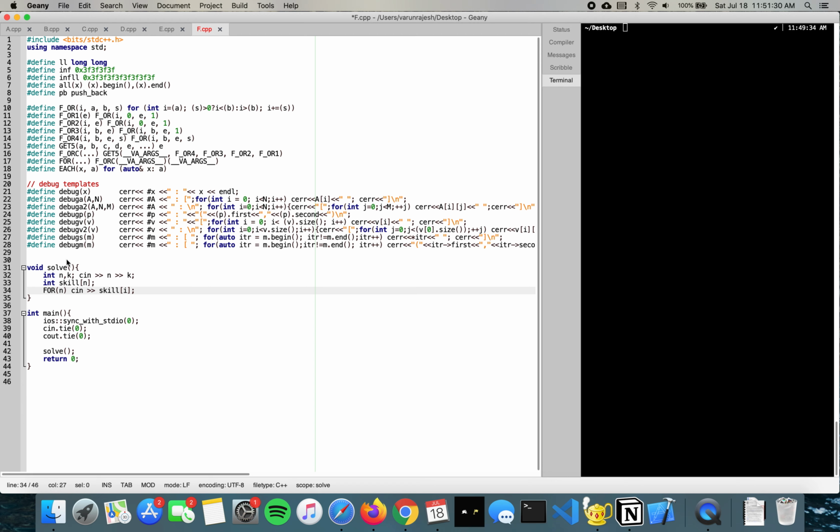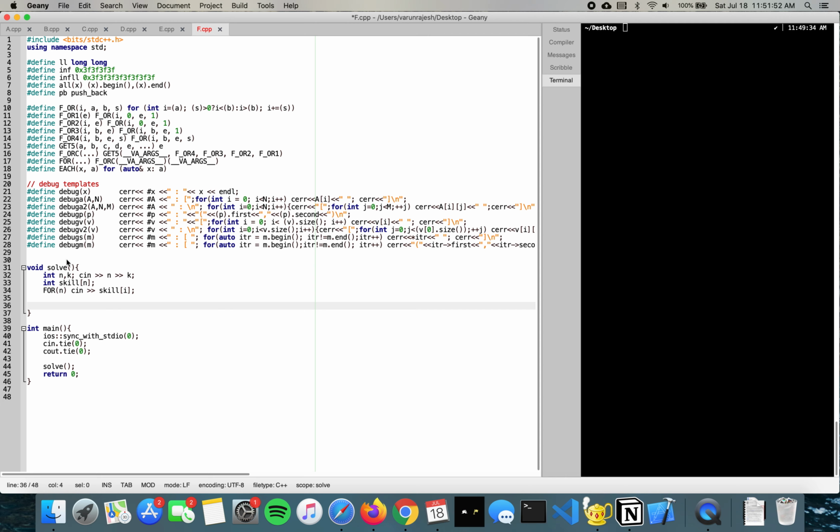Now what we can do is create a set, because it's ordered, and we can sort it in terms of their skill level. But we also have to be aware of which person we're talking about, so we'll also save the index.